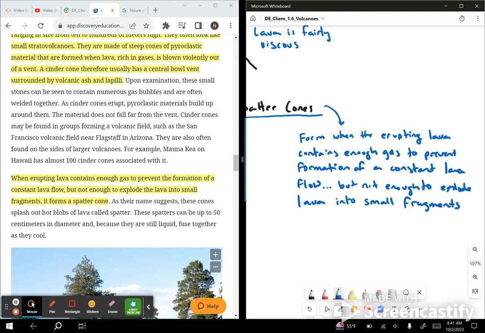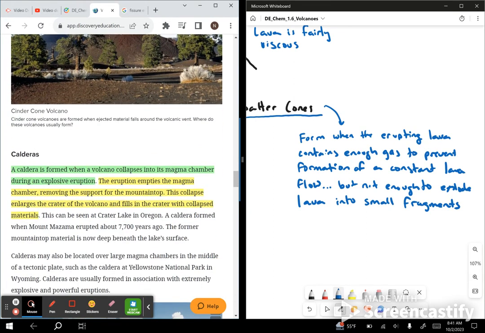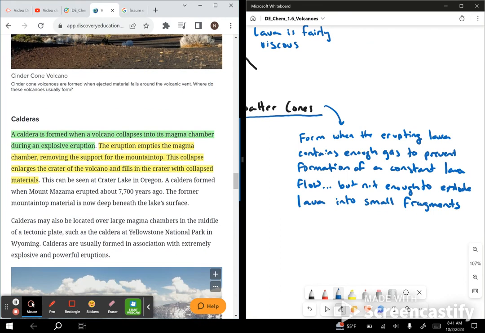Okay, and thus it's going to form what's called a spatter cone. Okay. All right, got just a couple more topics to talk about.